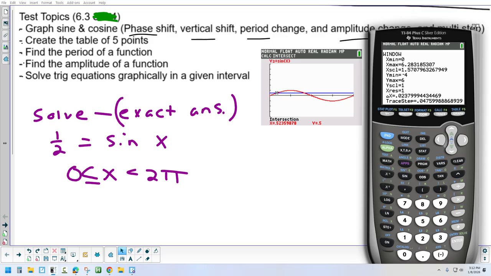All right, they said 0 to 2 pi. What would that be if I did degrees? 0 to 360. And what else do I have to do?